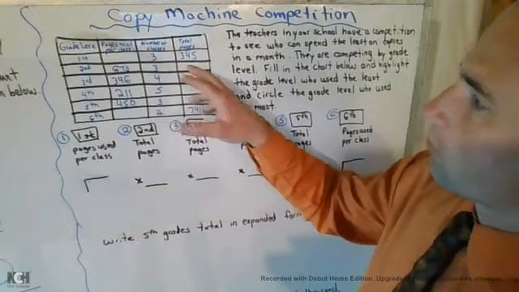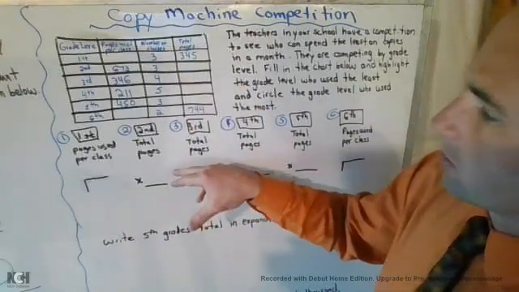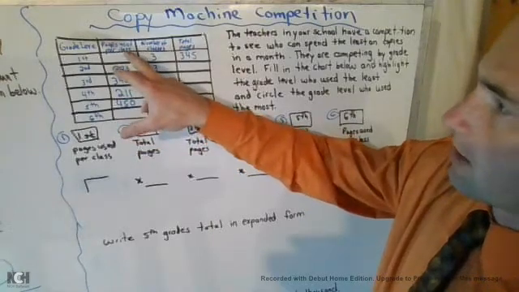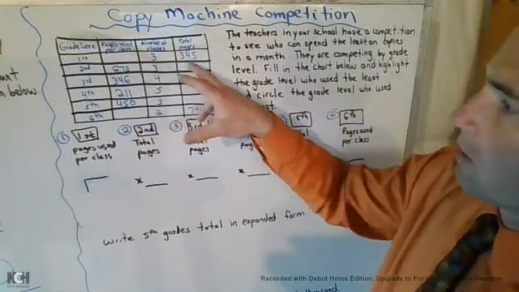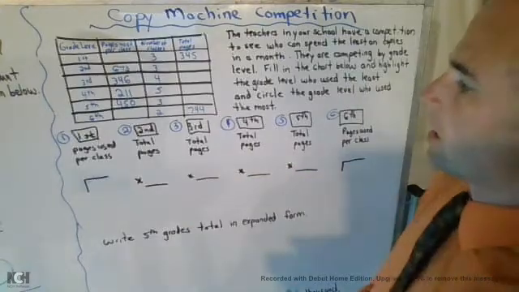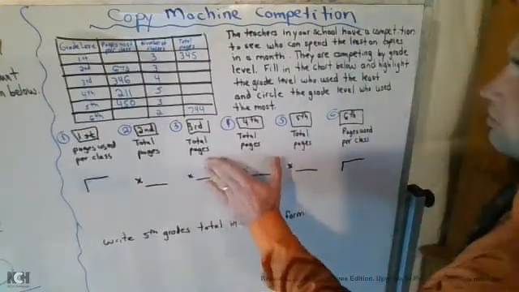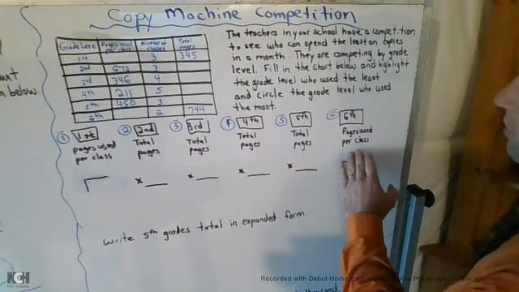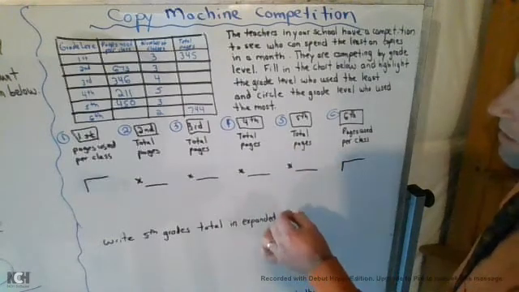Okay? For total pages, you're going to multiply 673 pages per class times 3 classes. We'll find out how many total pages. And you do the same thing for 3rd grade, 4th grade, and 5th grade. When you get to 6th grade, you'll be finding out pages per class again.